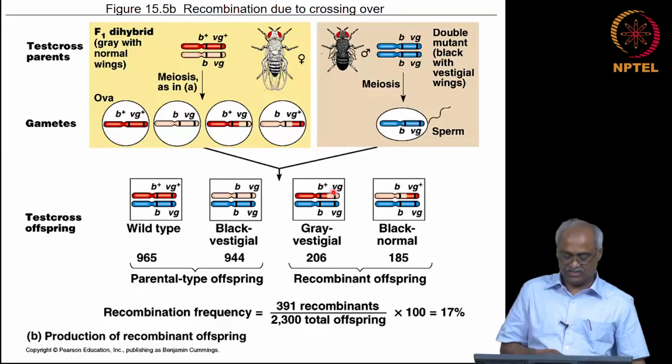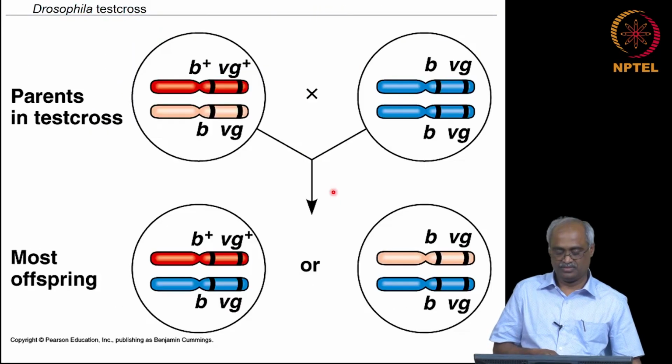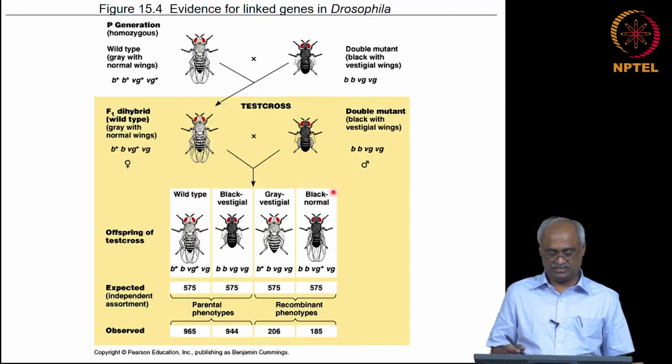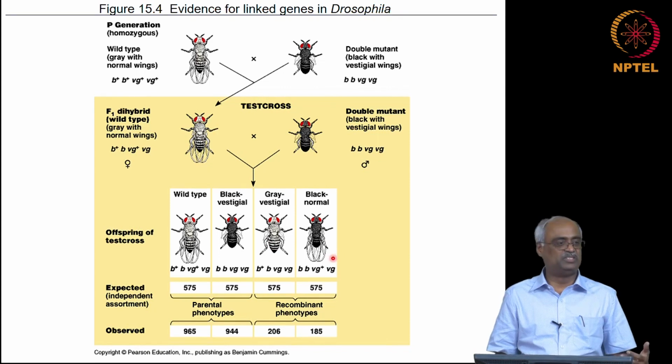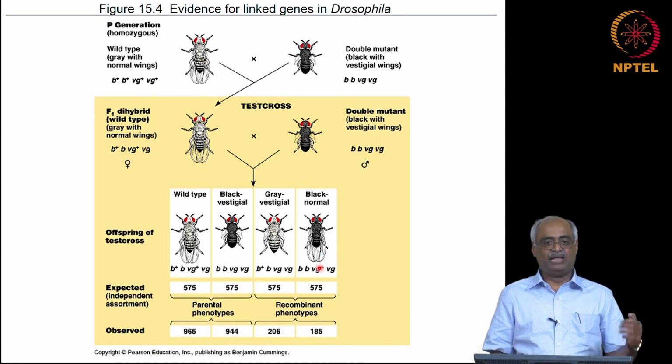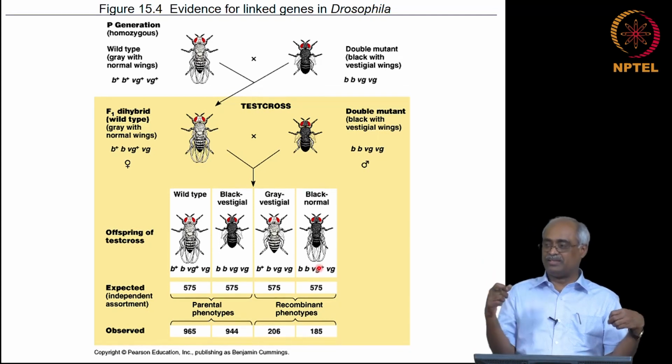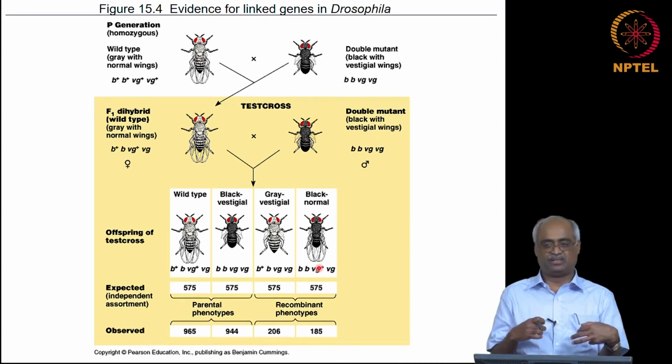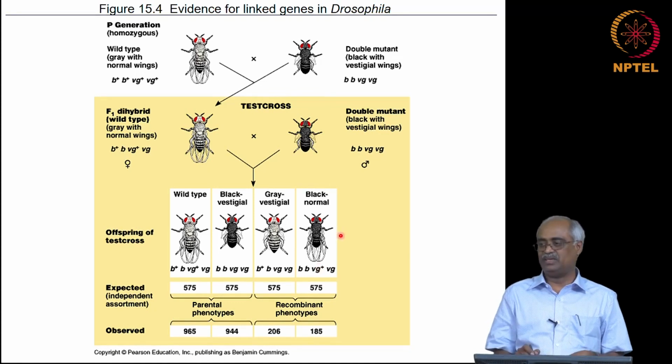Like for example, you look at this individual here and this individual, there was no new mutation that happened in either one of them, no base was changed during DNA replication. It is just that which allele of one gene and which allele of another gene came together because of the crossover generated this variation.